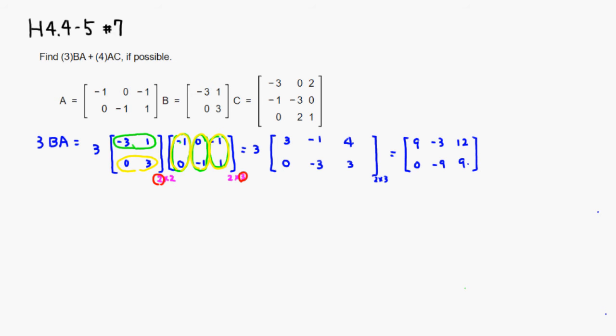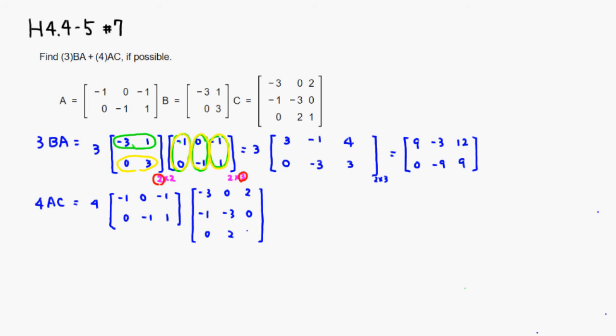Now let's do 4AC, exactly the same way. This is going to be 4 times A, the 2 by 3 matrix: negative 1, 0, negative 1, 0, negative 1, 1, multiplied by the C matrix, a 3 by 3 matrix: negative 3, 0, 2, negative 1, negative 3, 0, 0, 2, 1.